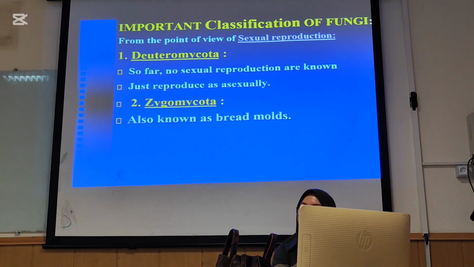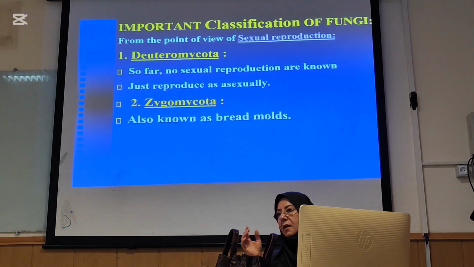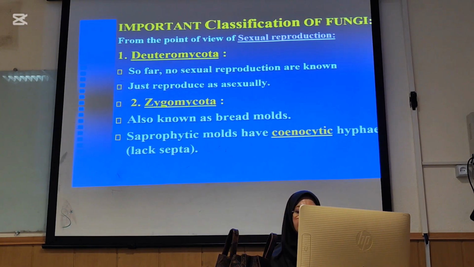Usually in Zygomycota, like Mucor and Rhizopus, we cannot see any septum along the hypha. This group of fungi is called bread molds, and usually under the microscope you can see coenocytic hyphae because they lack septa.